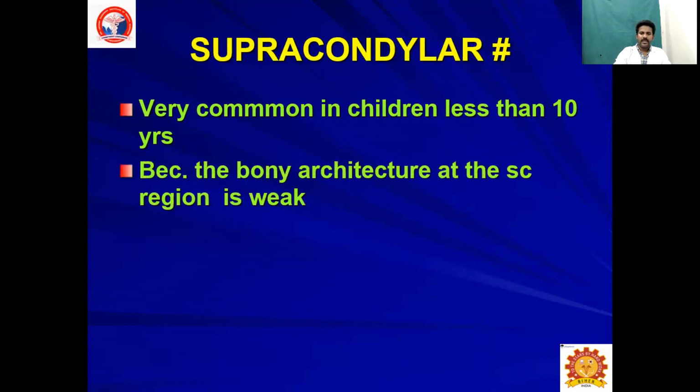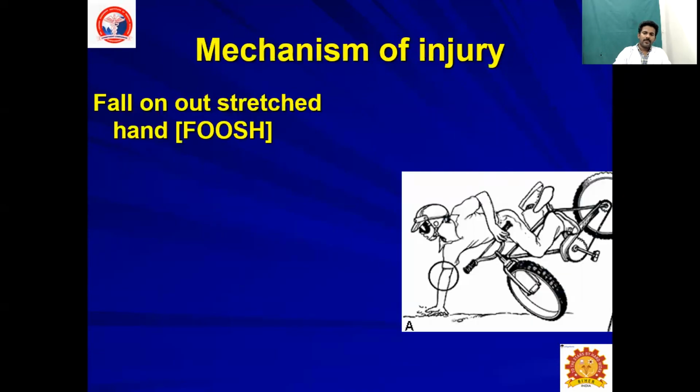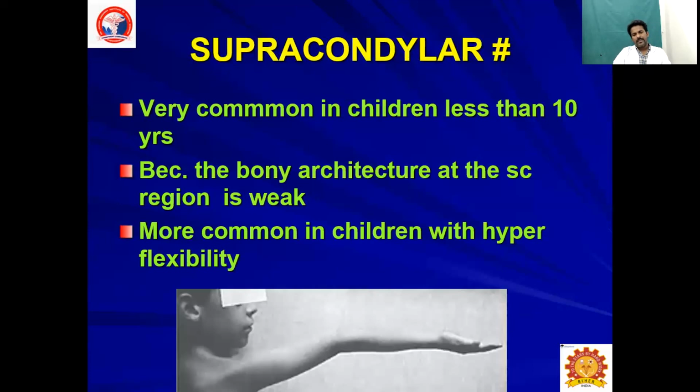Because of the bony architecture, the supracondylar region is weak. It is most common in children with hyperflexibility. Hyperflexibility, in the sense we are talking about ligamentous laxity, because if you have a rigid ligament, the line of transmission of force differs. If you have a flexible joint, usually you have a fracture of the flexed type.